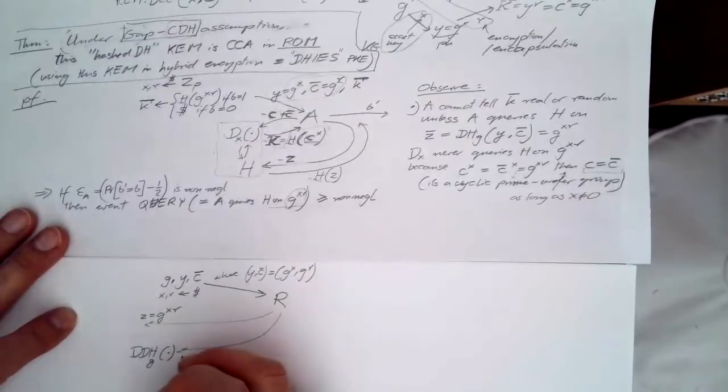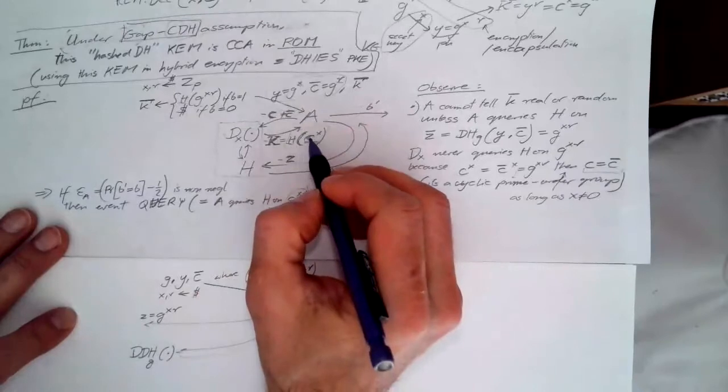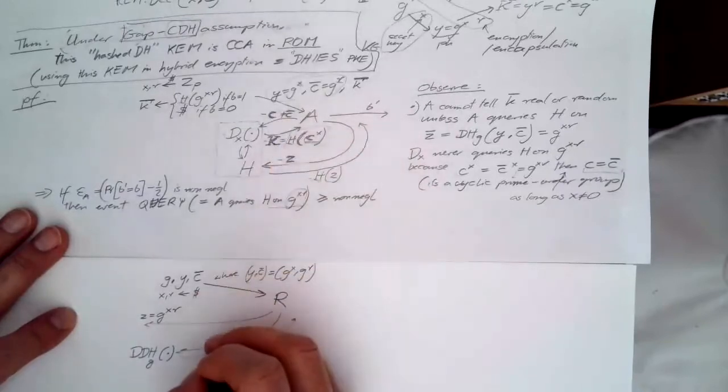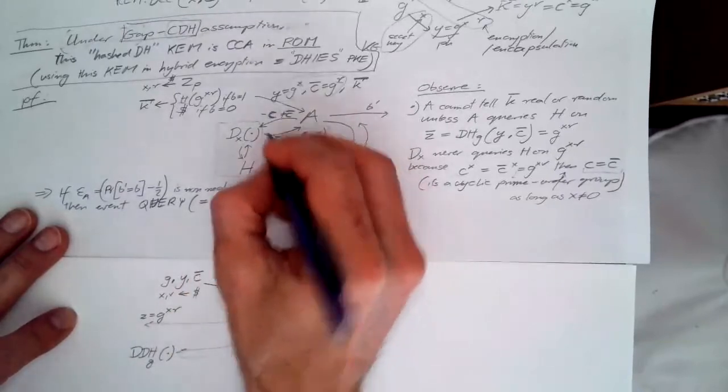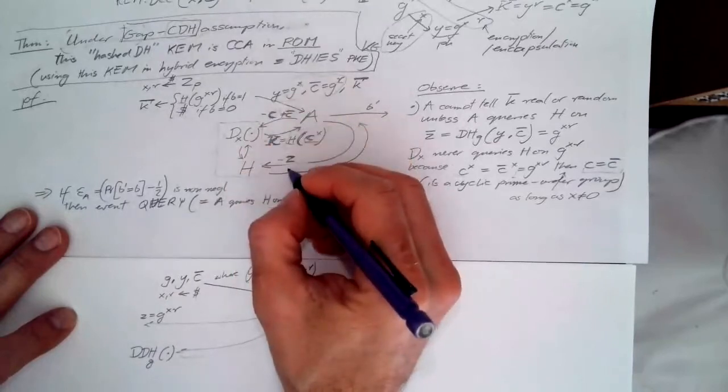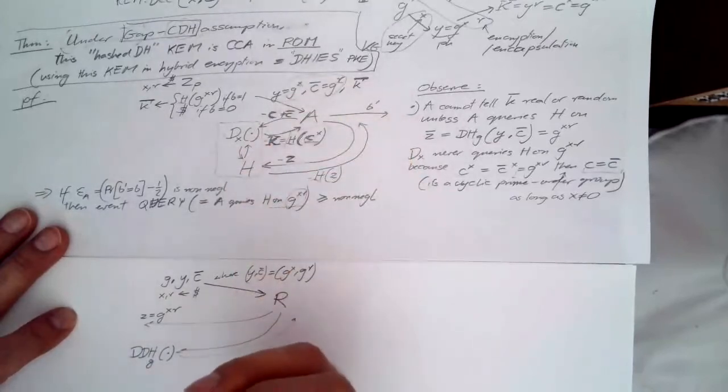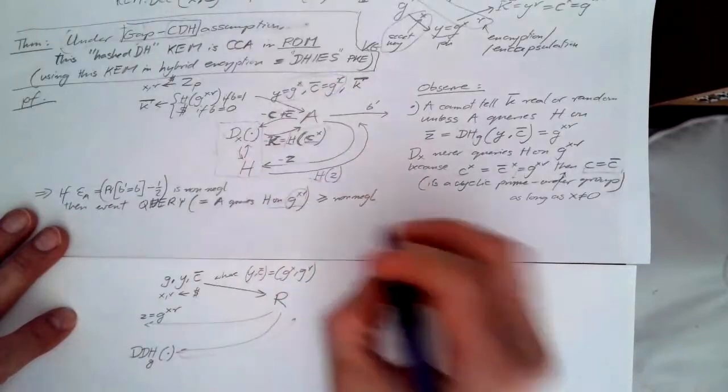Let's see how it can use it. How did we want to use it? We wanted to basically tell whether some C, Z pair is correct. What does it mean?